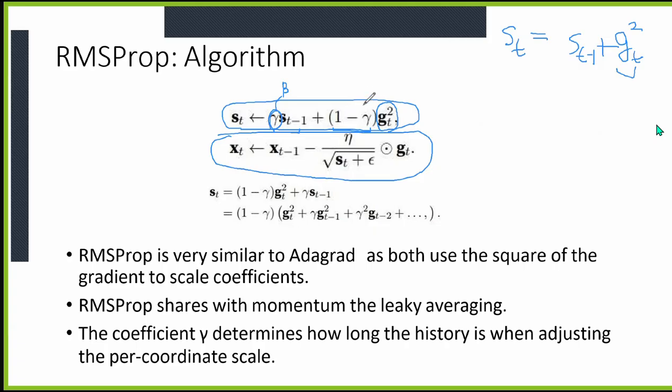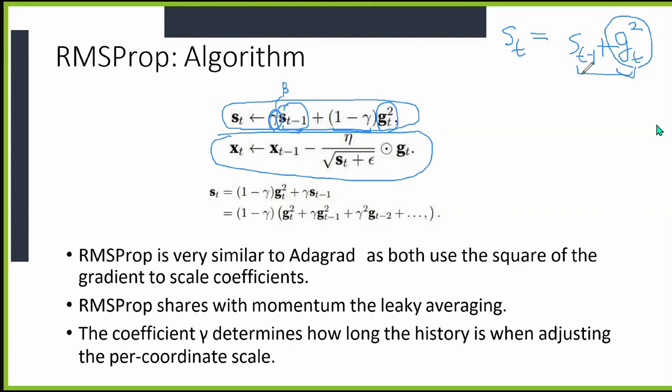This has an effect of, instead of just monotonically accumulating the gradients, placing more emphasis on the recent gradients, which is basically represented by the s_{t-1}, compared to the past squared gradients.